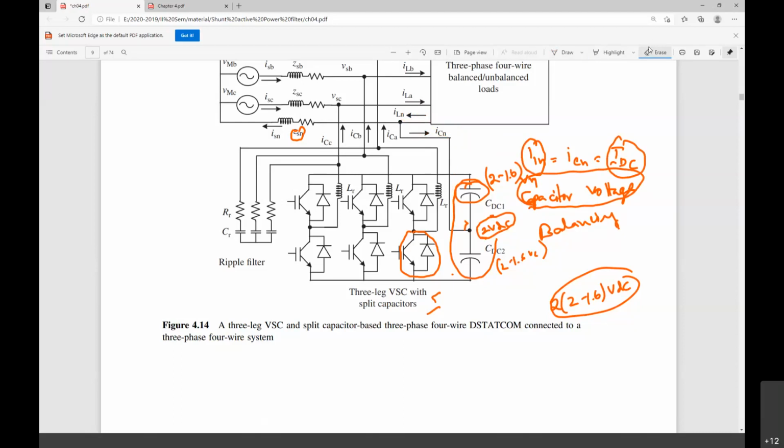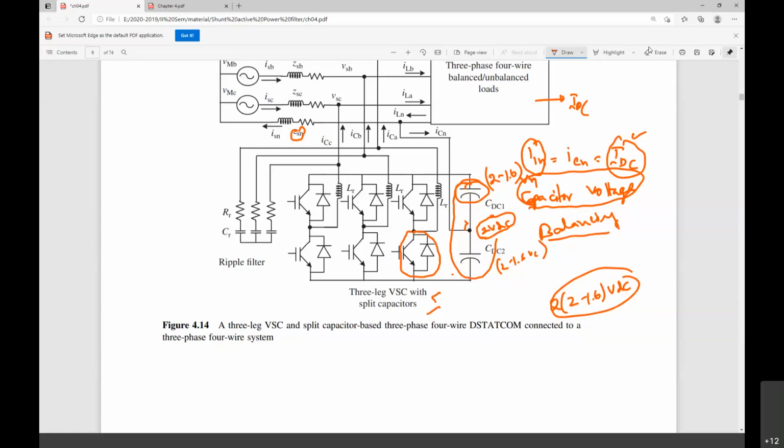When there is a requirement of a DC current for this particular load, the capacitor voltage unbalance issue will be there.